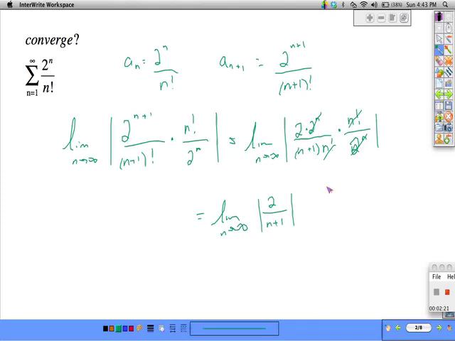And this is equal to 0. So our series, 2 to the n over n factorial, converges absolutely by the ratio test.